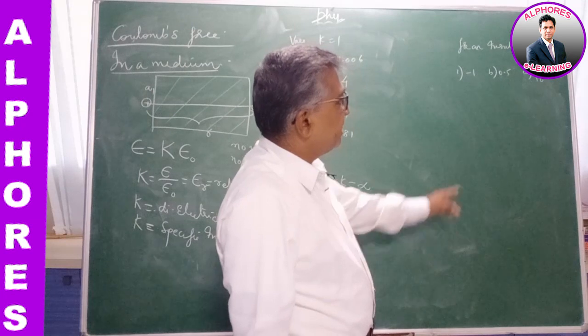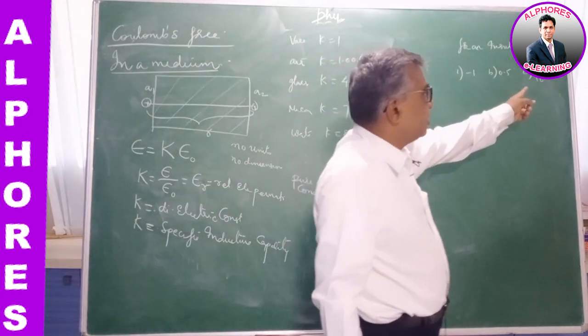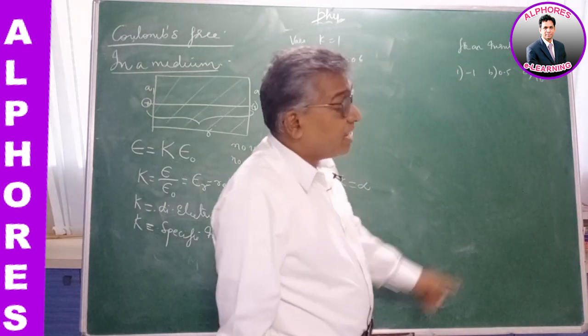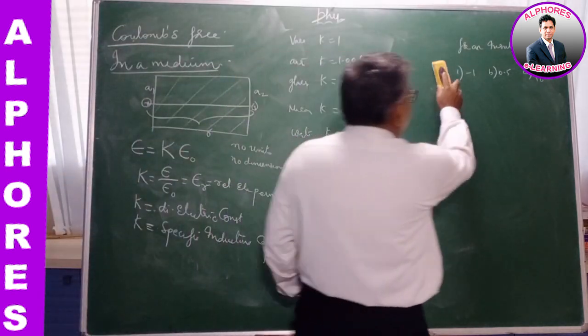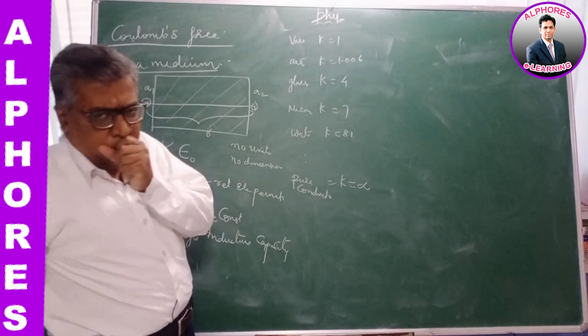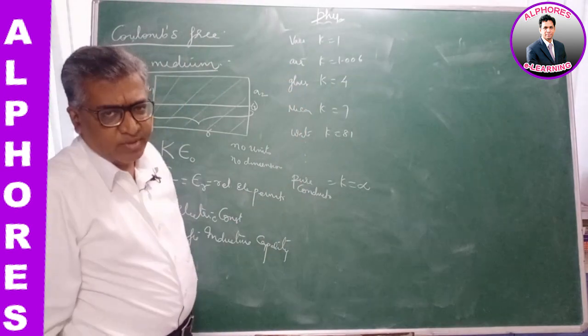For an insulator, it cannot be negative, it cannot be less than 1, it cannot be a fraction like this, so the answer is 5. K cannot take a value less than 1. For any medium, K is greater than 1, and different mediums have different K values.